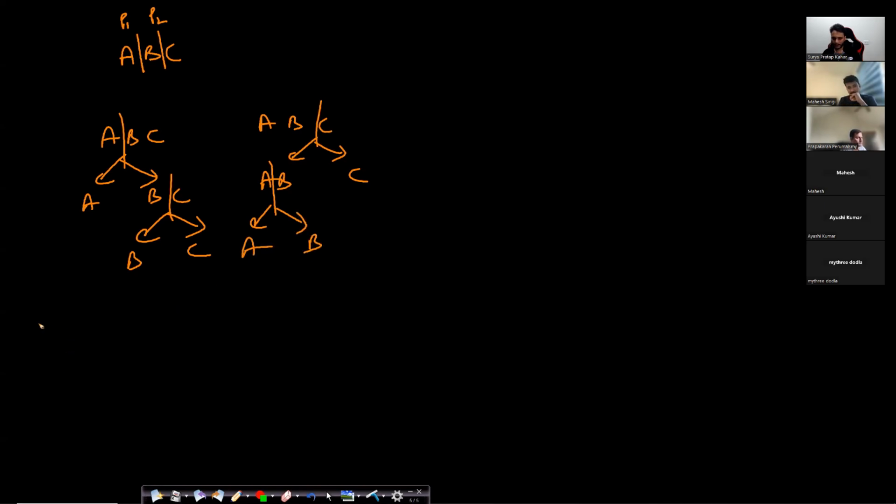But what happens if you take ABCD? Did you think about this? In ABCD, you will have three options, right? Partition point one, partition point two, partition point three. If you have three options, definitely you will make minimum three trees, not just two trees. In one of the options, you make it in such a way that A is on one side and BCD on the other side.